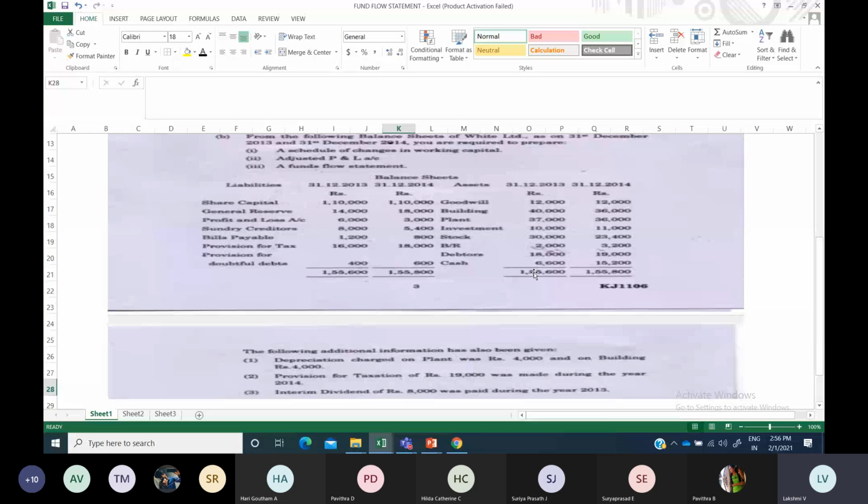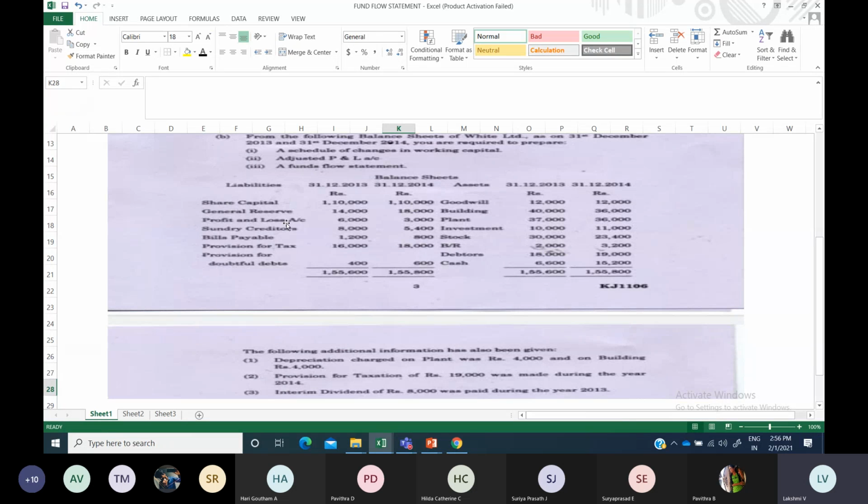Share capital will be an issue or redemption, as I told you earlier, so it will come under the fund flow statement, third step. Issue means source, redemption means application. If both are the same amount, then you need not worry about that.